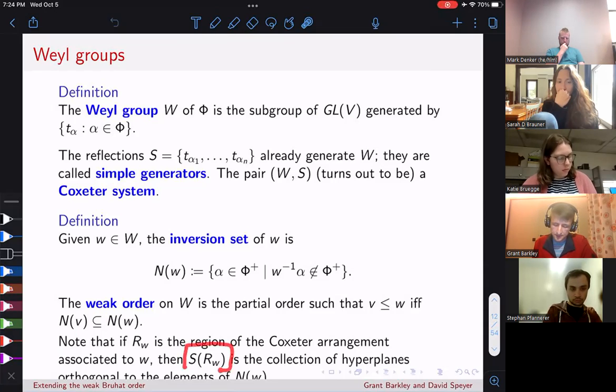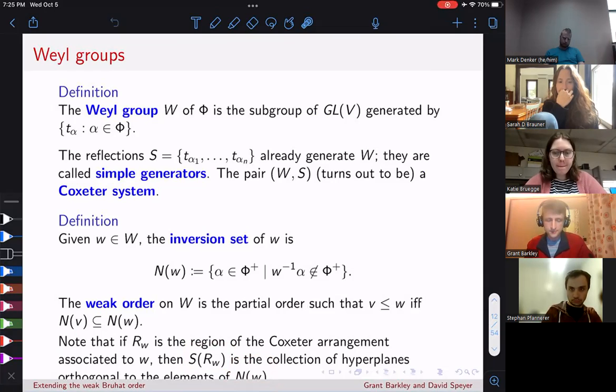Well, this collection of all hyperplanes that separate the region from the identity region is actually just the set of all hyperplanes orthogonal to the roots in N(w). And that's what this bottom part says. So the correspondence between the N and the S is just vectors versus their orthogonal hyperplanes.